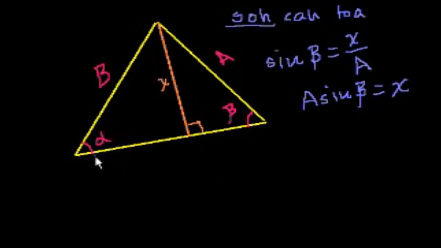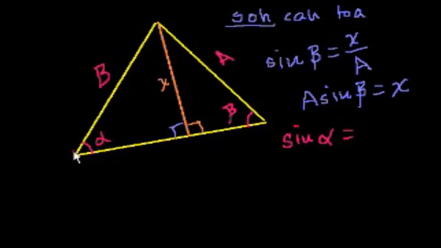Let's see if we can find a relationship between alpha, b, and x. Similarly, if we look at this right triangle, because this is also a right triangle, of course, x here relative to alpha is also the opposite side, and b now is the hypotenuse. So we can also write that sine of alpha, let me do it in a different color, sine of alpha is equal to opposite over hypotenuse.